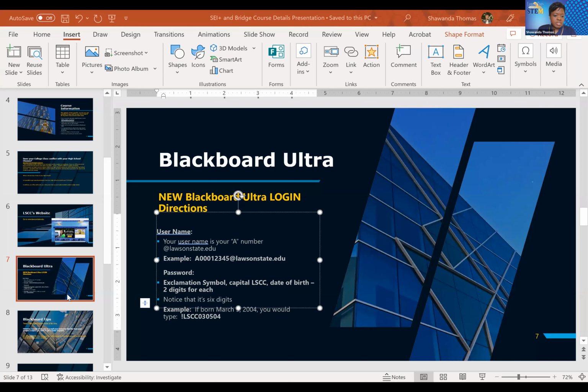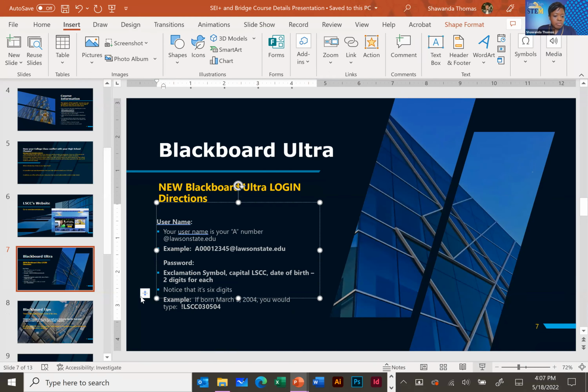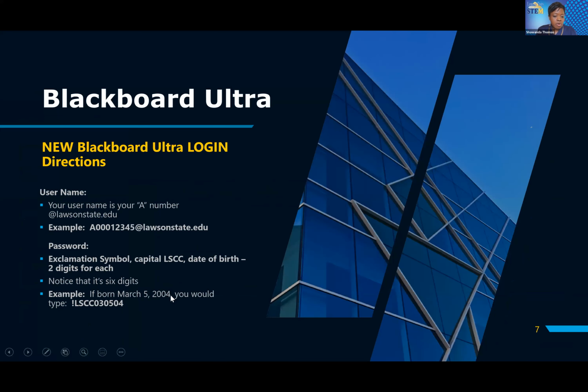For example, if you were born March 5th, 2004, then your password would be exclamation point, capital L, capital S, capital C, 030504. So again, the password is going to be exclamation symbol, capital LSCC, date of birth. So in all, it will be 6 digits.